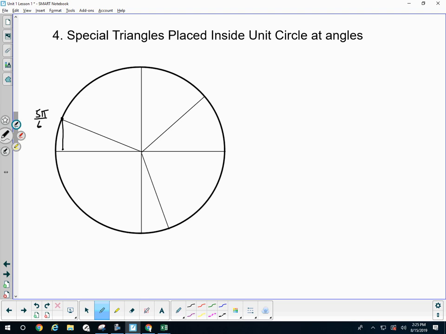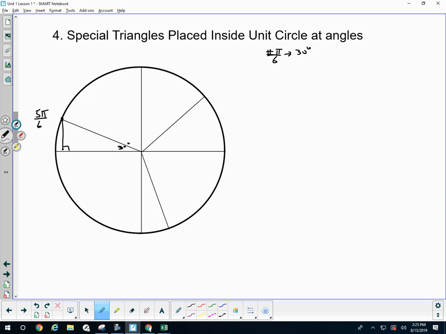I create one of the triangles that we talked about, the 30, 60, 90 or the 45, 45, 90 triangles. Because I remember a pi over 6 gives me a 30-degree angle. So this is 30 degrees.